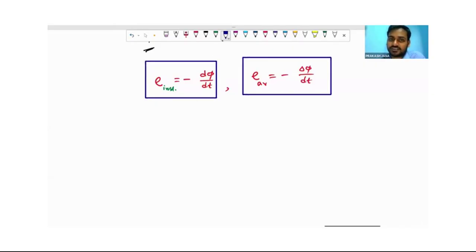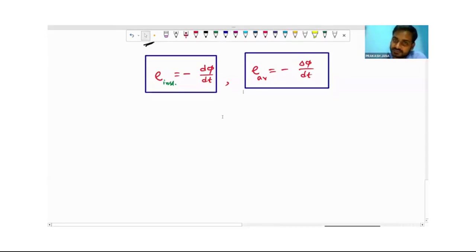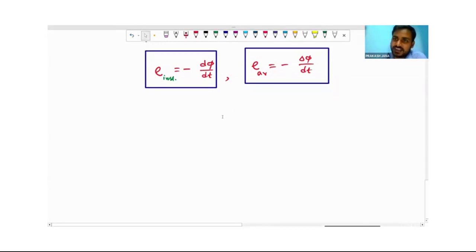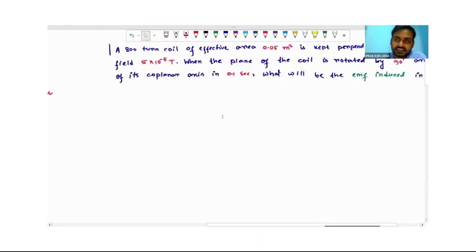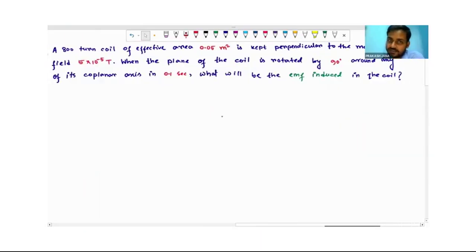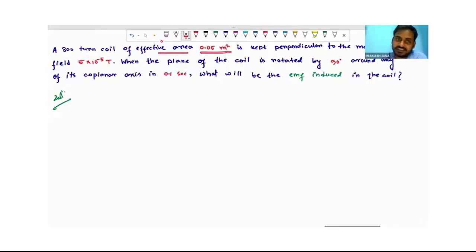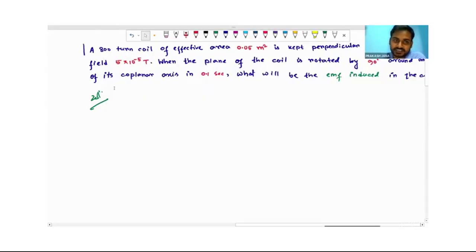Now we can proceed towards a numerical problem based question. For that, I have already written a question. I'll solve it right now. Okay, so read the question first. It says a 800 turn coil of effective area 0.05 meters square. See, one more thing I want to mention here.